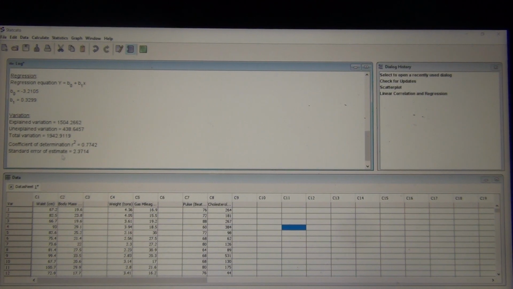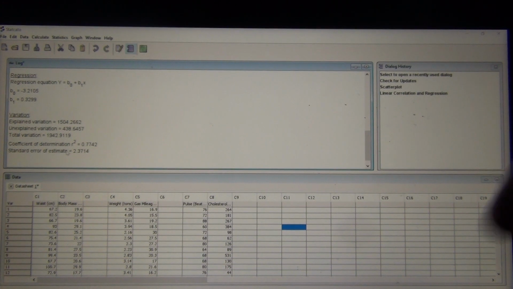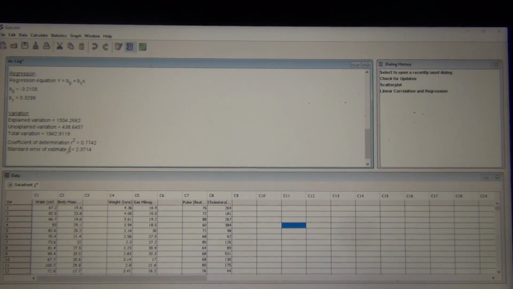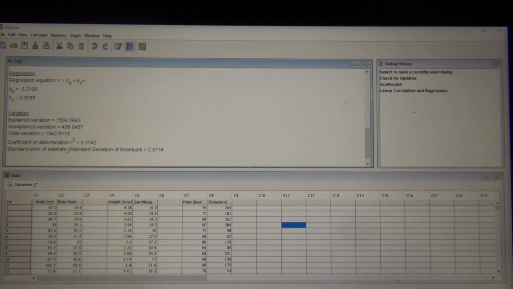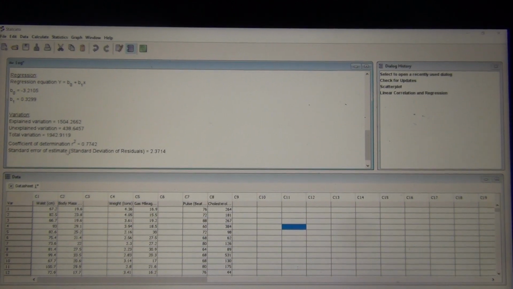Standard error of estimate. I'm not a big fan of that term, but that actually is the standard deviation of the residual errors. I sometimes like to retitle it.